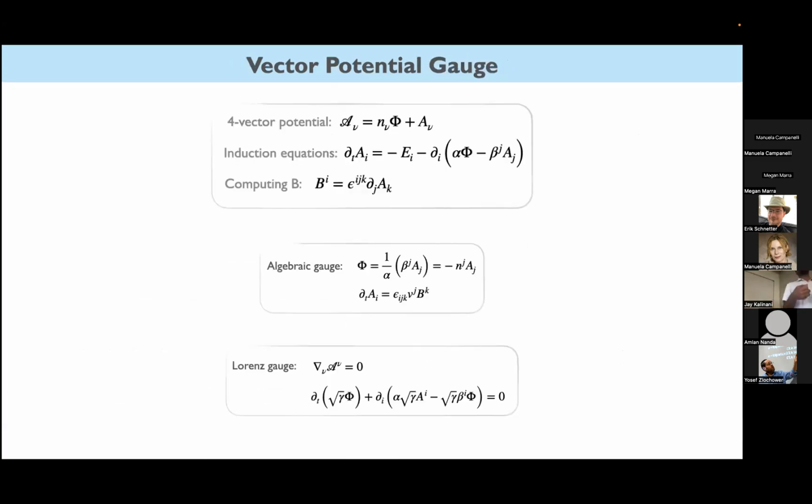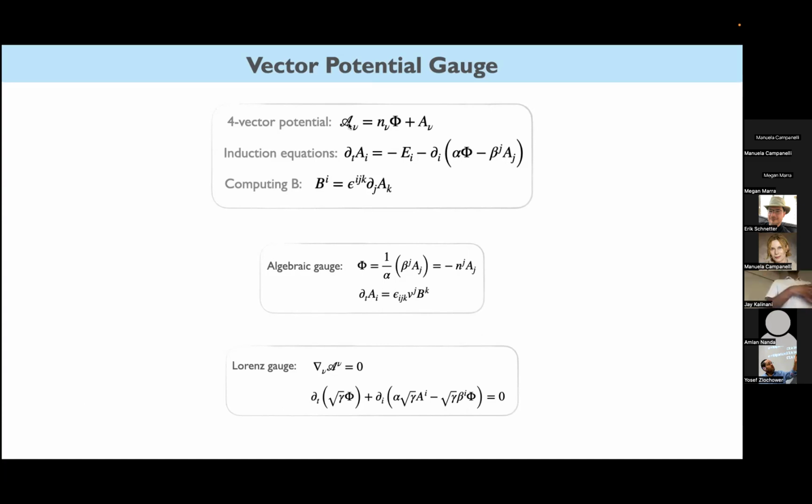Now, instead of evolving the magnetic field directly, one can also choose to evolve the vector potential. Here you have your curly A as the 4-vector potential, written in terms of the scalar potential plus the 3-vector potential.